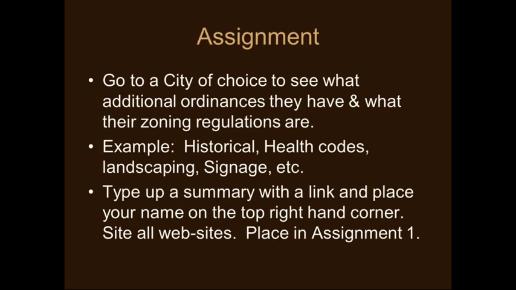So there are all different types of restrictions when it comes to zoning. But there are other types of ordinances that you might have. Remember, I said historical. There may be a historical overlay. There may be health codes. There may be landscaping: you're required to have so many trees, or you have a certain size of signage.